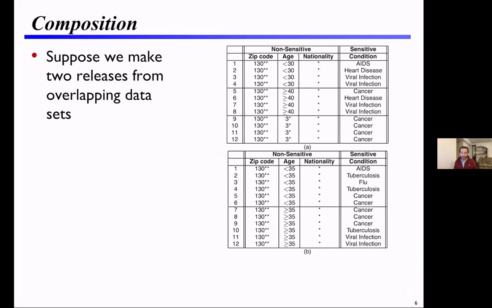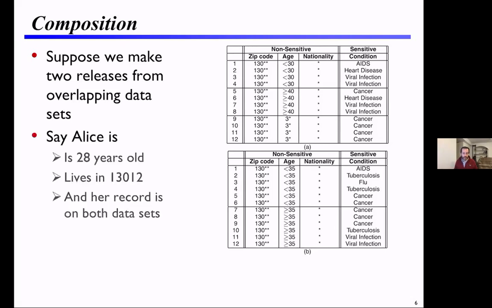Okay. And now suppose that these two tables are anonymized independently, say they're managed by separate health clinics or something like that. If I know some particular person's record appears in both of these tables, and I know a little bit about that person, then I can learn quite a lot of information, right? For example, suppose I know that Alice is 28 years old and lives in zip code 13012, and that her record is in both data sets.